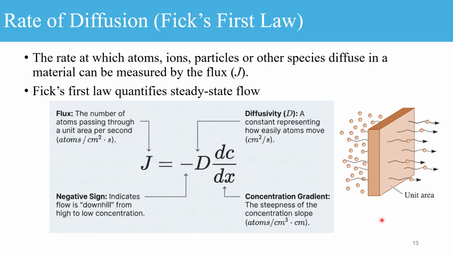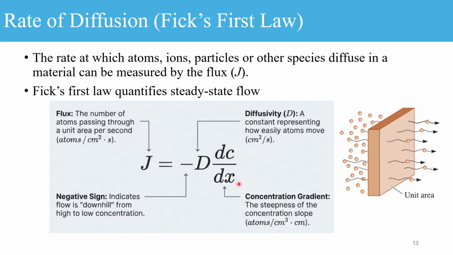If there is a flow of material from a high concentration area to a lower concentration area over a unit area, Fick's first law says that J equals minus D dc by dx, where J is the flux, which is the number of atoms passing through that unit area per second, and its unit is atoms per centimeter square times second. The negative sign indicates that the flow goes from higher concentration to lower concentration. D is the diffusivity, which is a constant that represents how easily atoms move, and has a unit of centimeter square per second. And dc by dx is the concentration gradient.